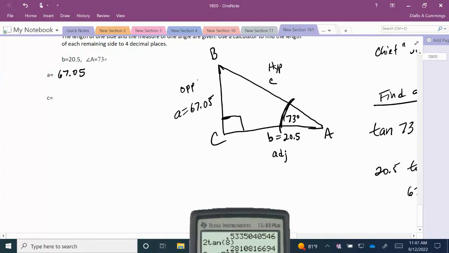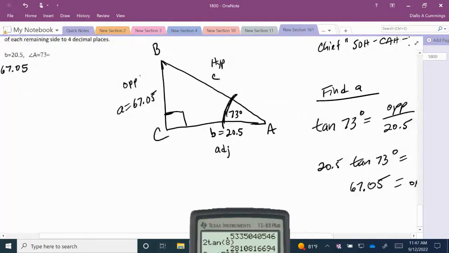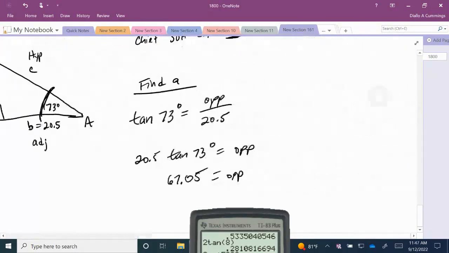Now we could set up another trig function, or we could use the Pythagorean theorem. All right, so we're going to find C. So C is equal to the square root of A squared plus B squared.